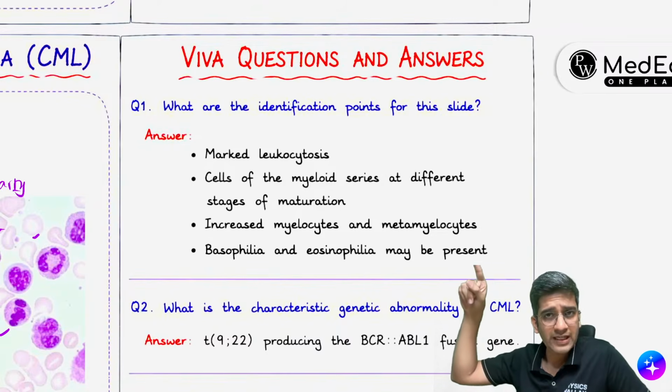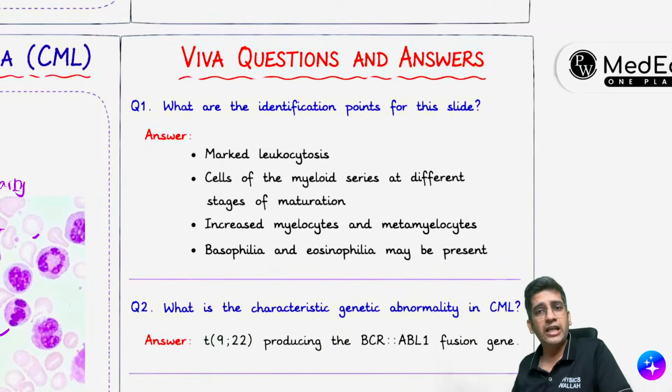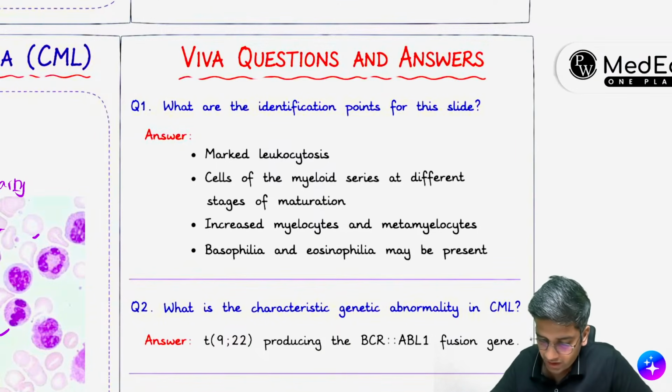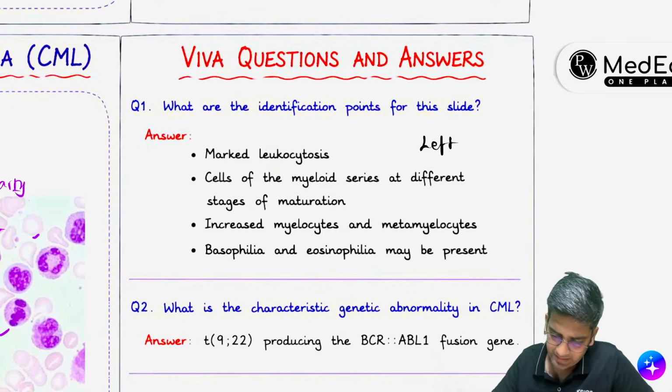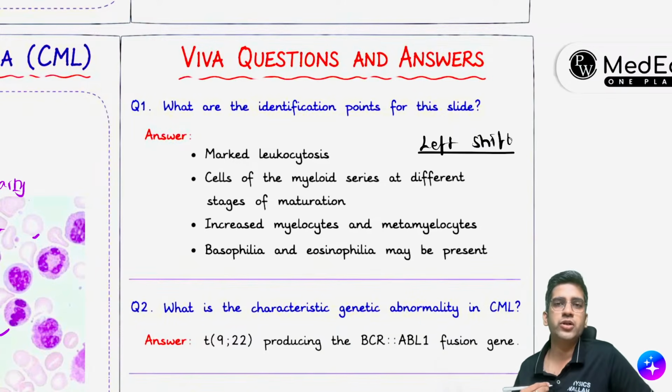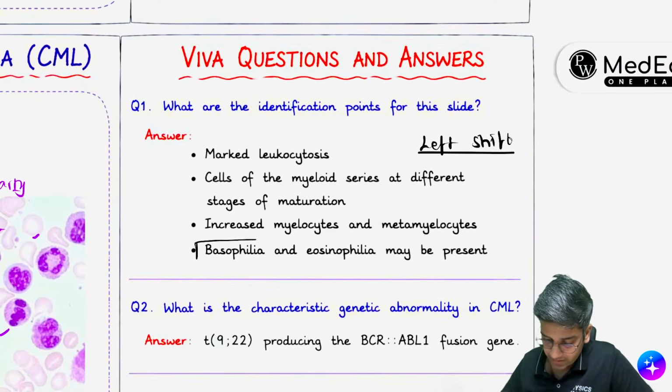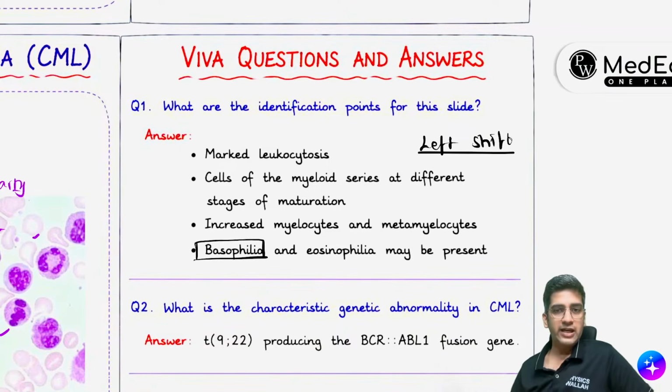I'll have increased metamyelocytes, blasts, promyelocytes, myelocytes, everything will be increased. So the word an examiner is looking for is shift to left or left shift. Neutrophilic left shift is diagnostic of CML. And basophilia is very, very characteristic.